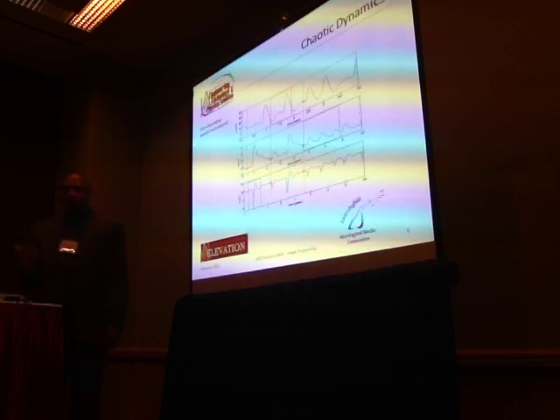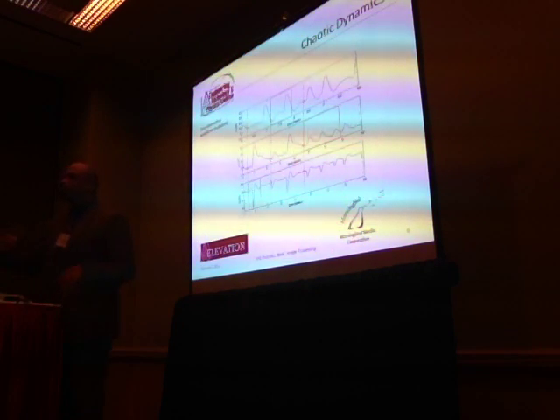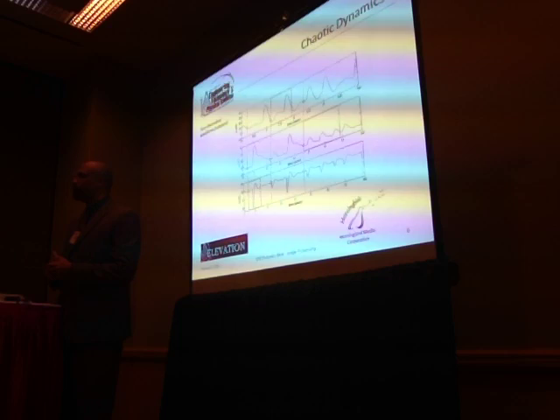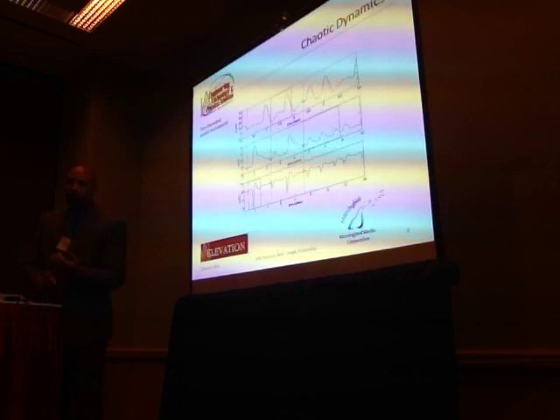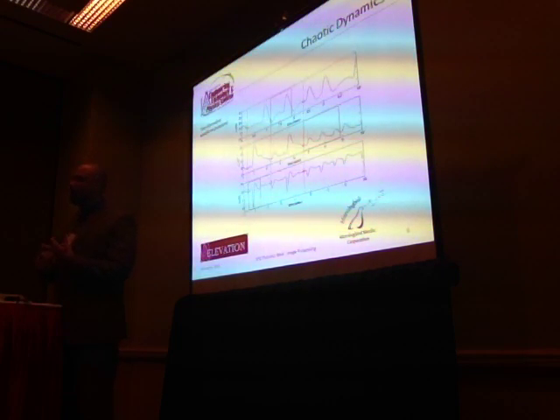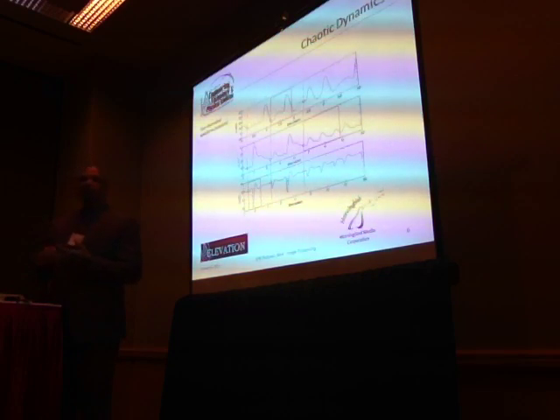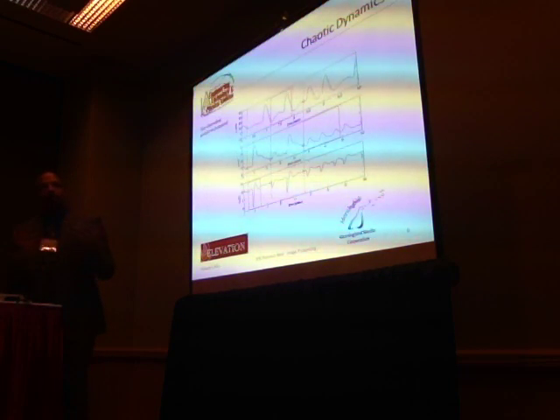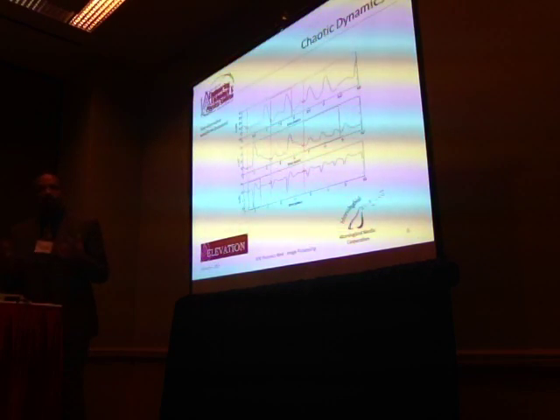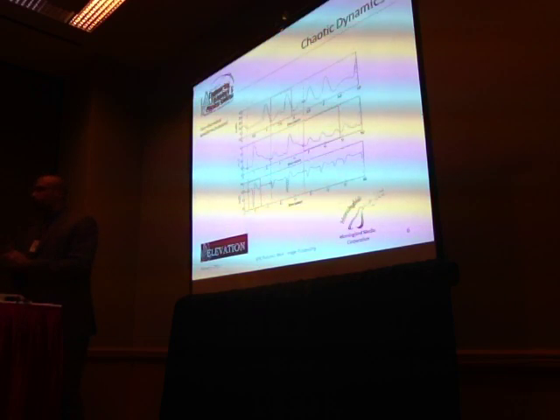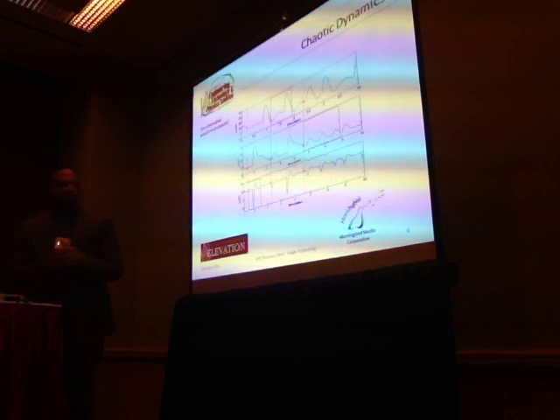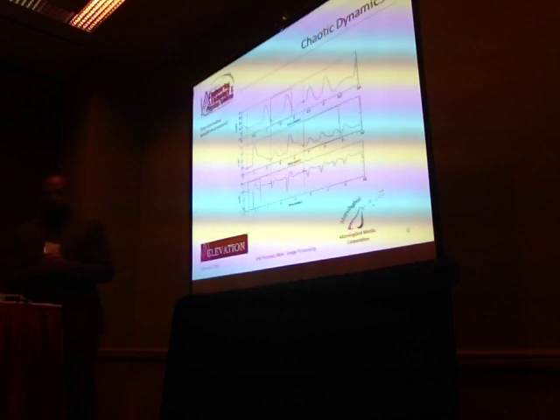Now, there are also many other types of chaotic systems, like the Lorenz equations, the double scroll oscillator, the Rossler system, and on and on. You can even put together sets of different equations that will generate this type of behavior.